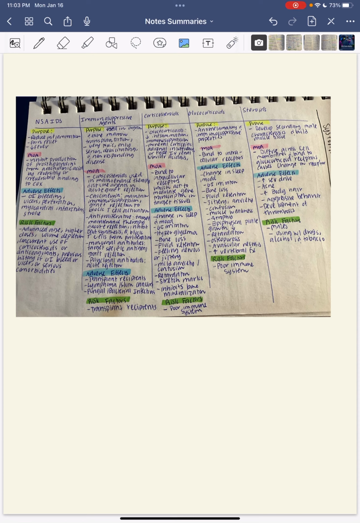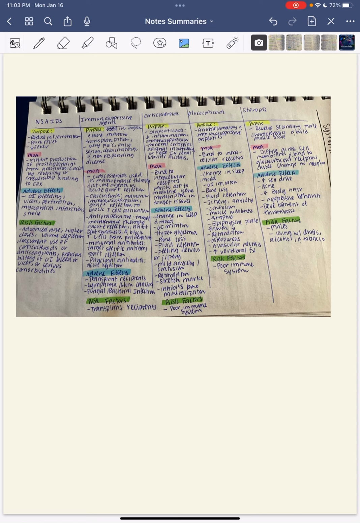For immunosuppressive agents, their purpose is that they are used in organ and bone marrow transplantation. They're very toxic. Only serious, debilitating, and non-responding diseases should be the purpose of them. Mechanism of action includes corticosteroids used in maintenance of therapy and as the first line of agents in acute graft rejection.